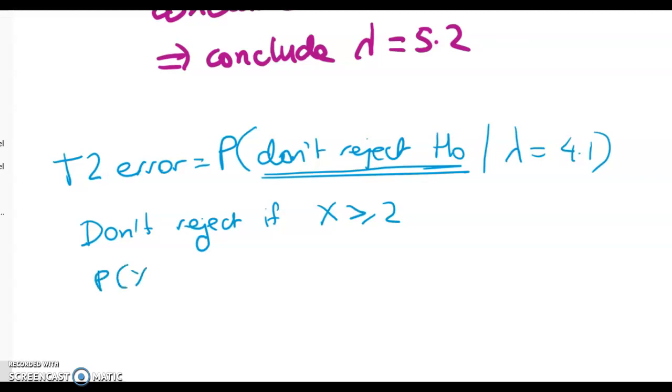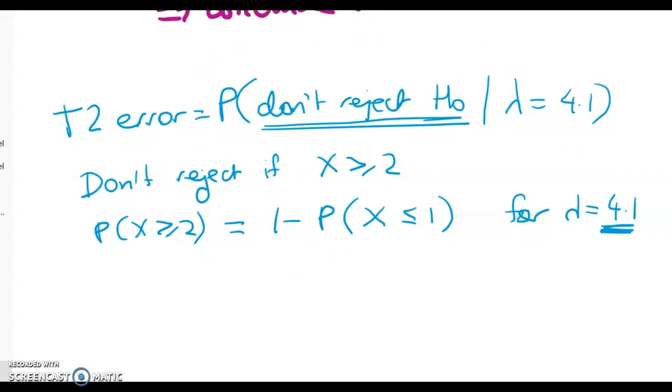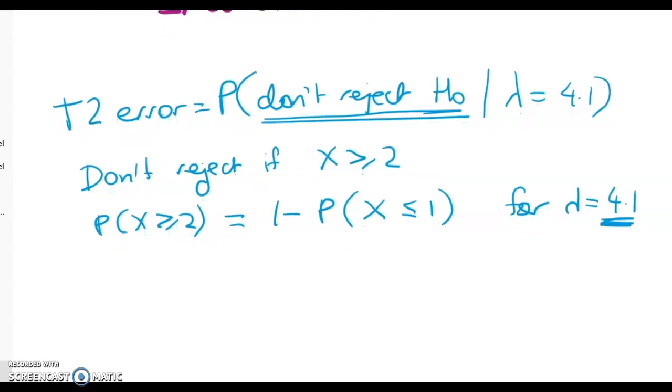So the probability that x is greater than or equal to 2, we have to find by working with the low end of the distribution. It's 1 minus the probability that x is 1 or lower. And that's for a Poisson with a lambda of 4.1 now, not the 5.2 in the hypothesis testing part.